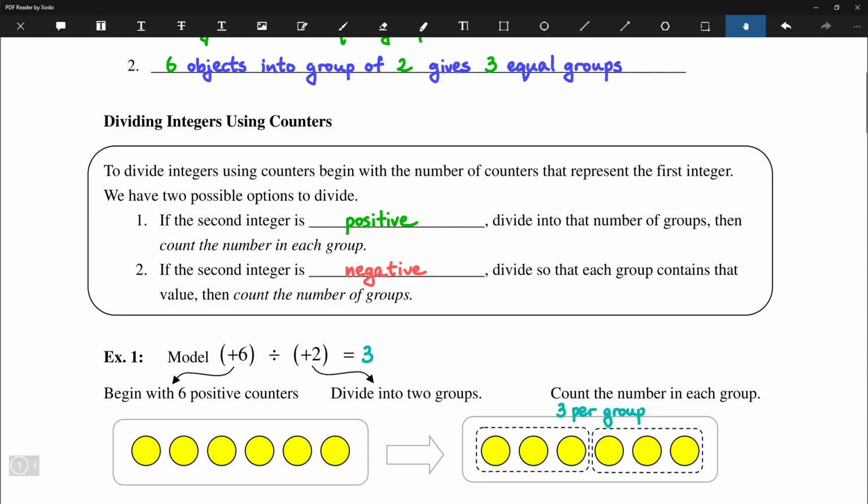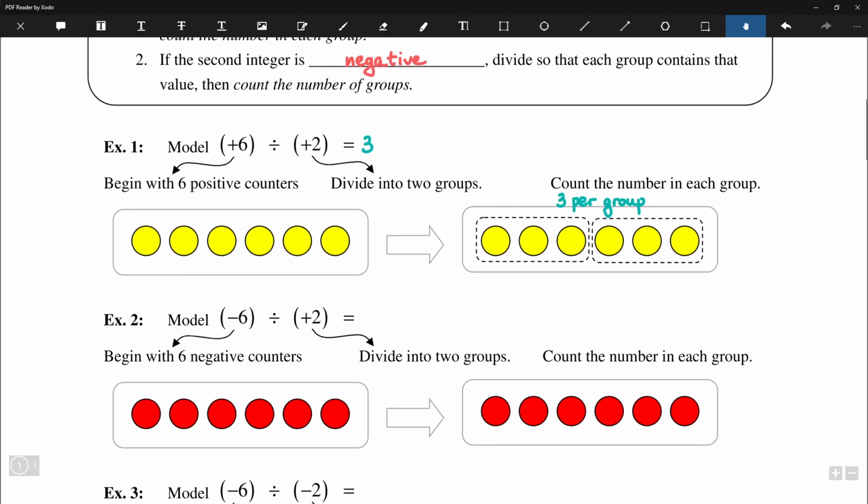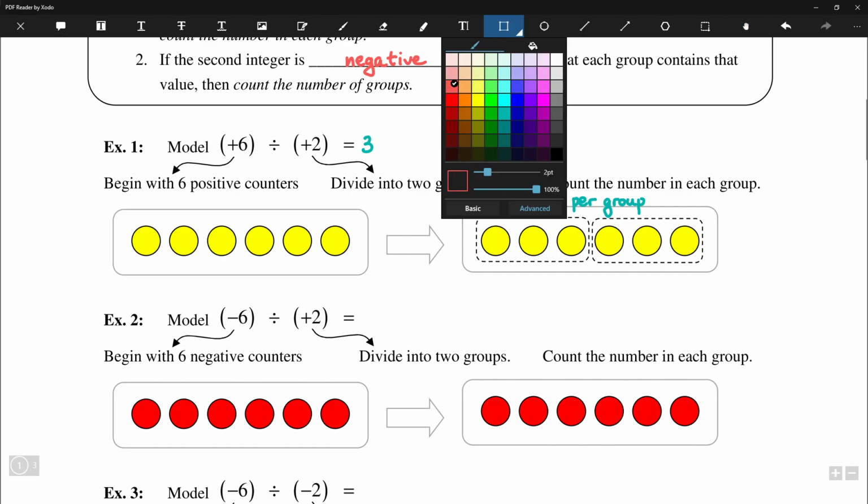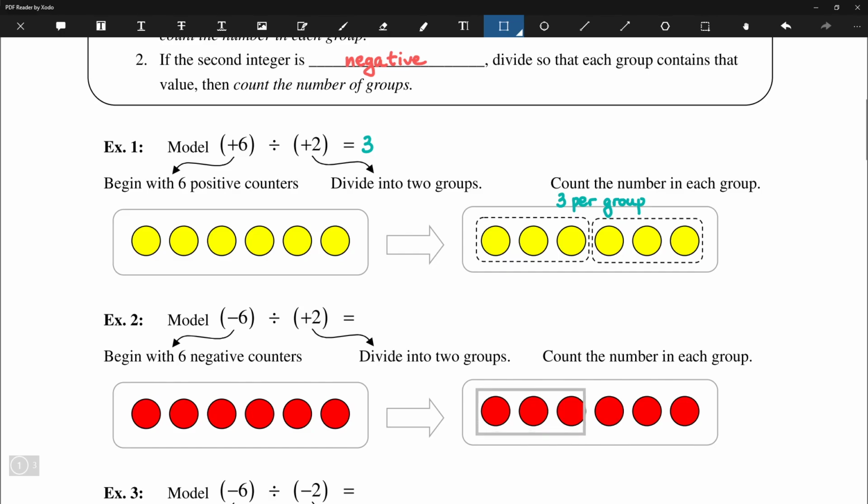Okay, next up we have very similarly negative 6 divided by positive 2, so we start with negative 6 counters. We are going to divide them into 2 groups, and that will give us, see here, each group will contain negative 3 counters. So in this case, negative 3 per group.